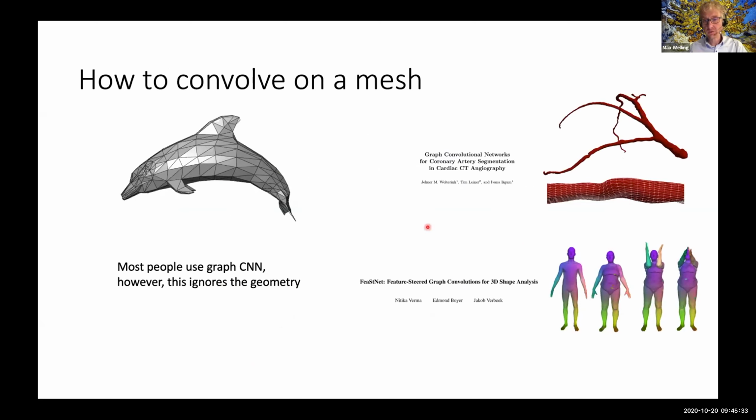But to actually understand that and to explain that best, I want to go back to the first thing I said, which is that one way to deal with points on a plane, or in this case, points on a manifold, is to treat them as a mesh, and then see if we can do a mesh convolution.